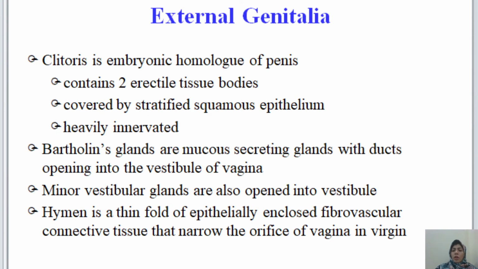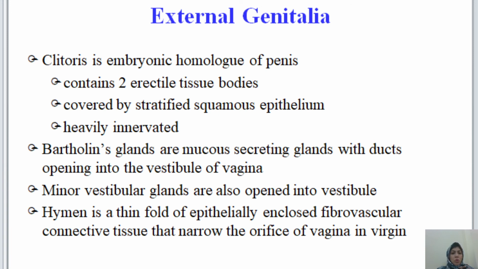Clitoris is the embryonic homolog of the penis, and it contains two erectile tissue bodies, is covered by stratified squamous epithelium, and is heavily innervated.